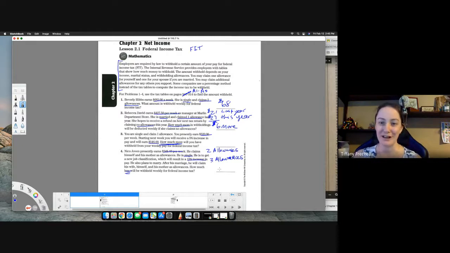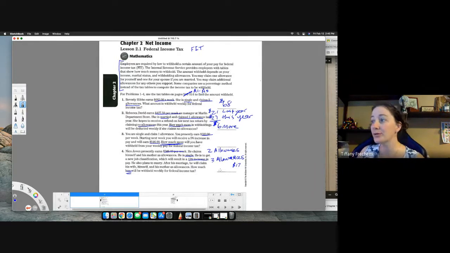I don't want to give you the answer there because I want you to go through and calculate it and find it on the charts, but it's not going to quite match their answer. So I can tell you it's going to be 17 for the answer, not the answer that's on the answer key, because I do believe they forgot to change it from 2 allowances to 3 allowances. So even authors make mistakes. It happens. So make sure you go through.